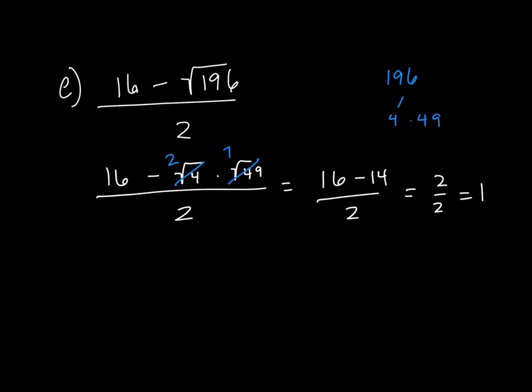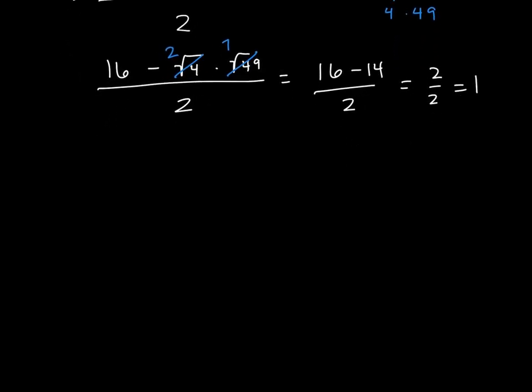So let's go ahead and look at D, which is 4 minus the square root of 8, all divided by 2. So again, the first thing we want to do is simplify underneath that radical.